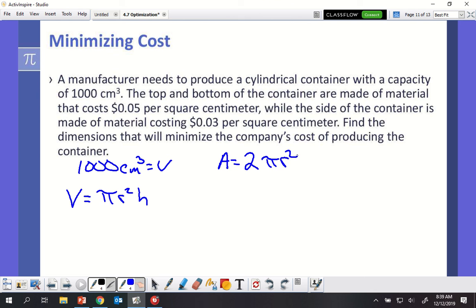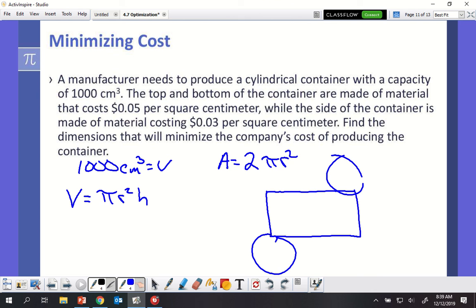Now, the lateral area of the side of it, so I'm going to draw it so you guys can actually see this. It is going to be a rectangle. You need the circumference, right? So the circumference has to wrap around the circle. And what is this right here? This side of my can would be the height. Very good. And the circumference of a circle is normally pi times diameter.